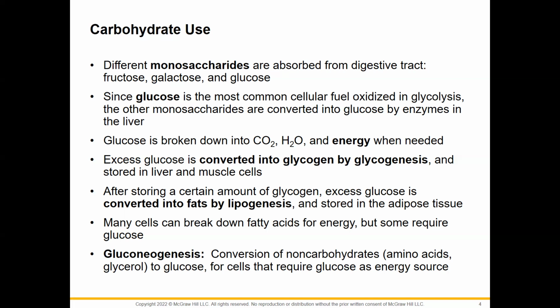So, whatever you're not using in that moment, your body is going to first start storing it as glycogen so that you have more of those reserves to use if you do more work than normal. The glycogen is stored in your muscle cells as well as in your liver.